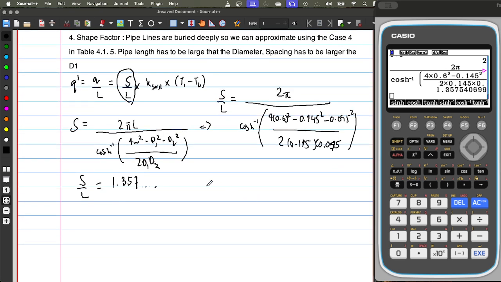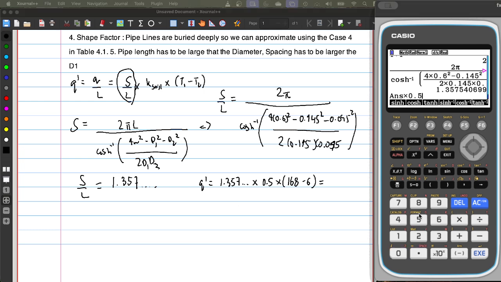Now we can work out Q prime. So Q prime is equal to 1.357 and so on, multiplied by k soil, which we're assuming 0.5, and times the temperature difference of 168 take away 6. So we multiply by 0.5 times brackets 168 take away 6, close the brackets, press equal.